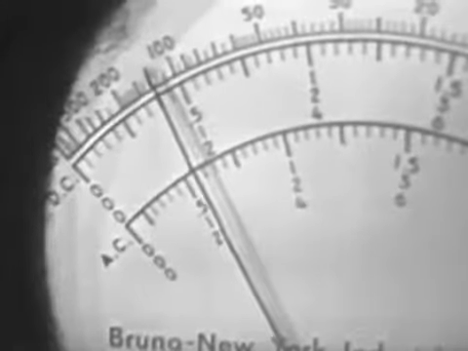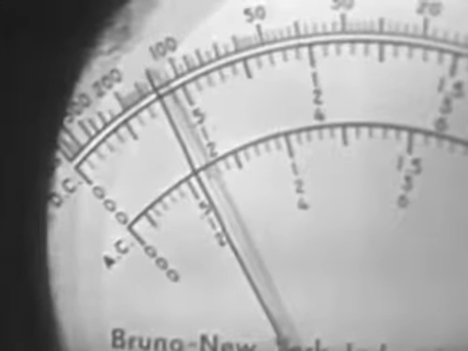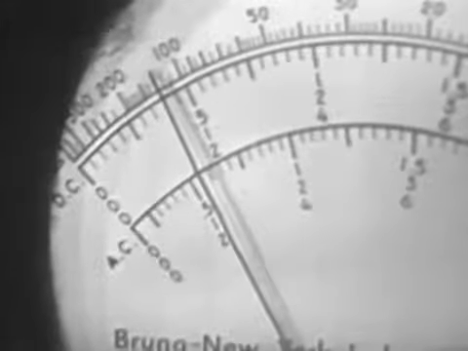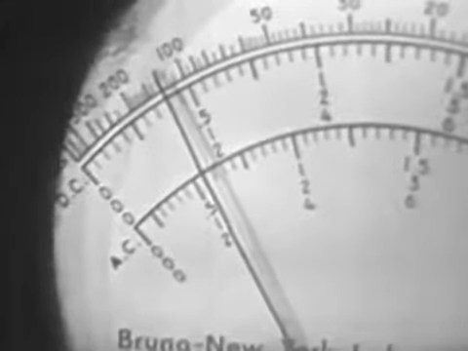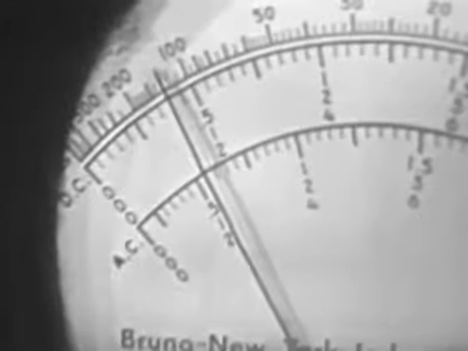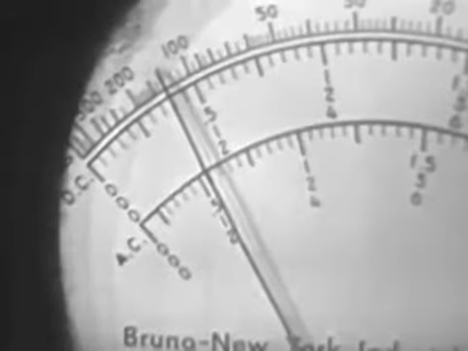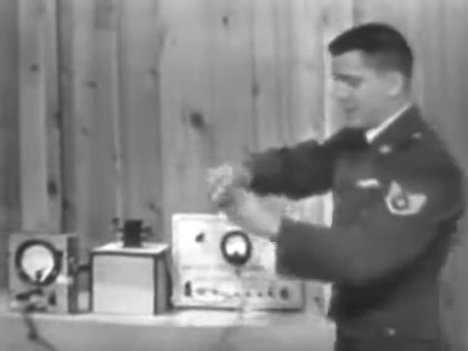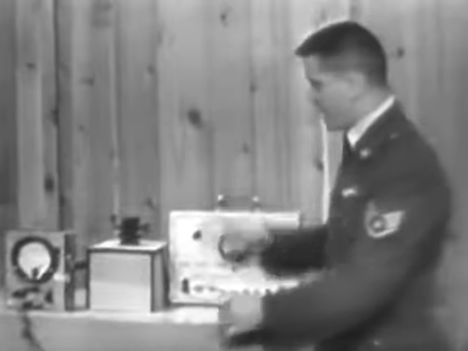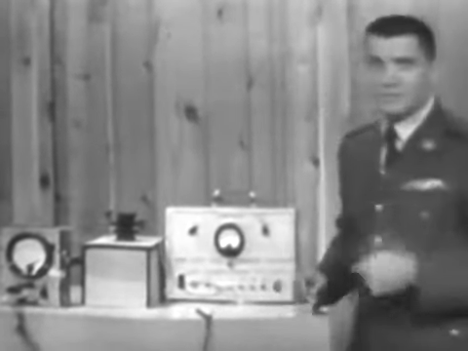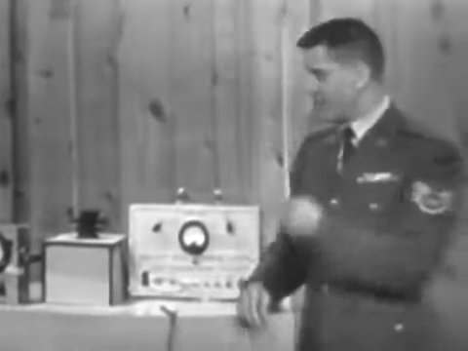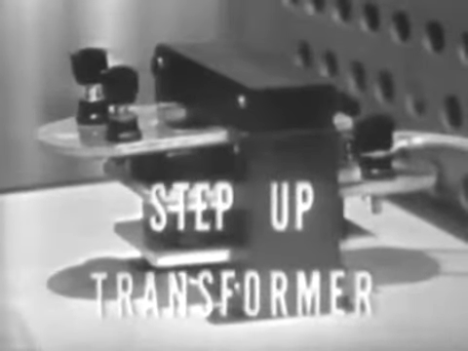If we take a look at the AC scale now, and it'll be the middle row of numbers, you can see it indicates 11 volts are available at the secondary. Now, since this is greater than the 6.3 volts applied to the primary, this readily tells us that this transformer is a step-up transformer.